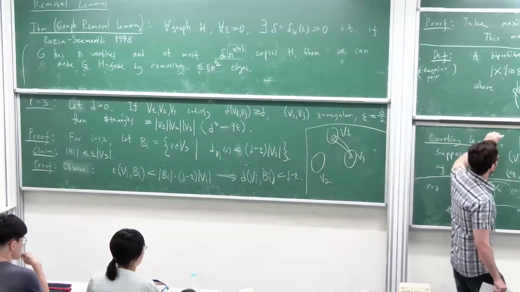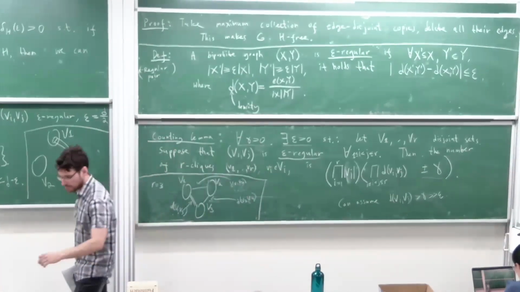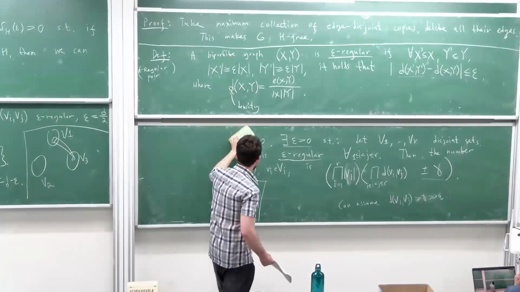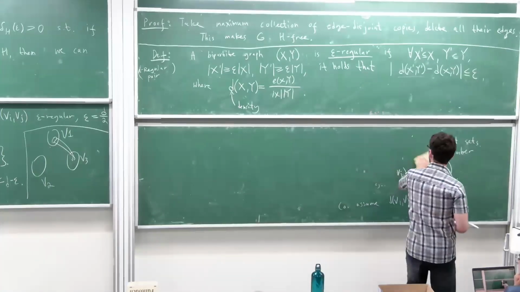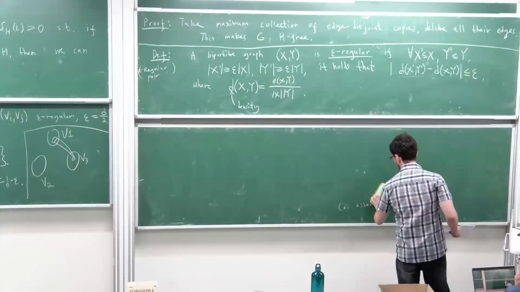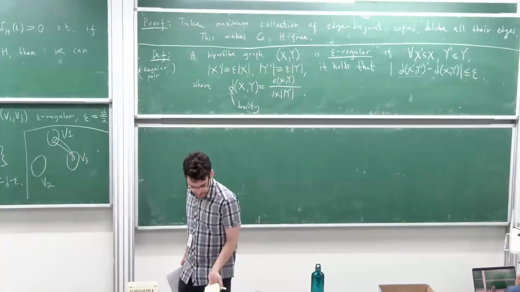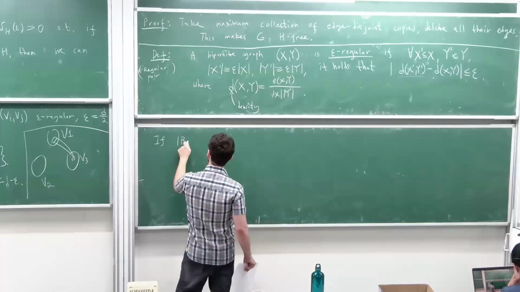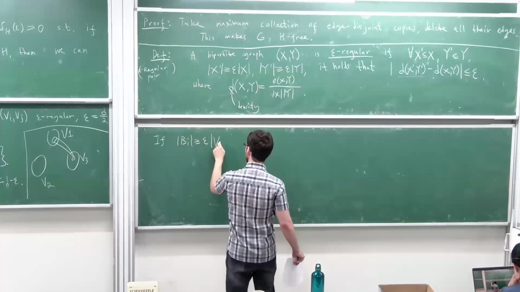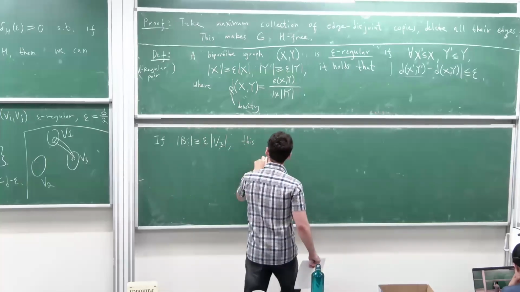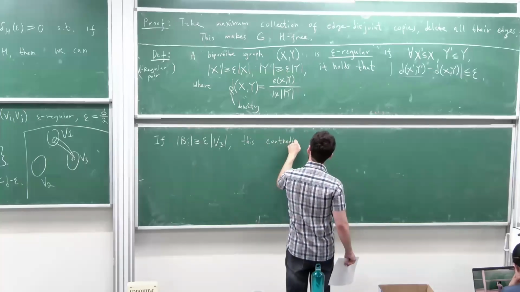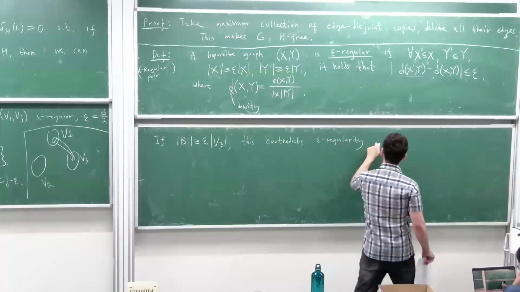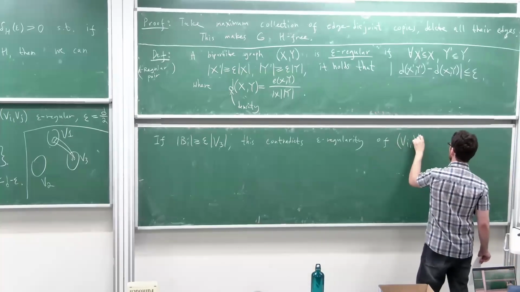If B_i is at least epsilon times V3, then this contradicts the epsilon regularity of V_i and V3.